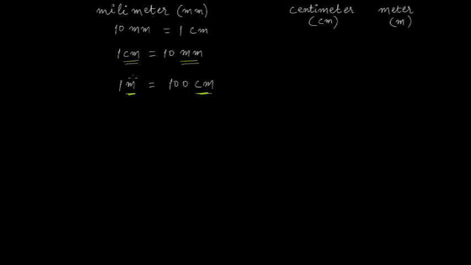We could see that 1 centimeter is equal to 10 millimeter. So 100 centimeter is equal to how many millimeters? 1 centimeter is equal to 10 millimeter, and therefore 100 centimeter would be 100 into 10 millimeter, which gives you 1000 millimeter. 100 centimeter is equal to 1000 millimeter, because 1 centimeter was equal to 10 millimeters.